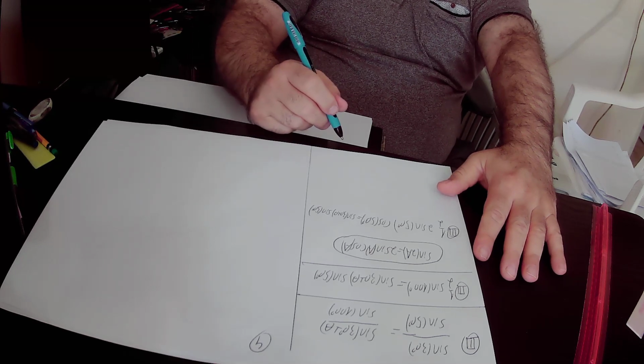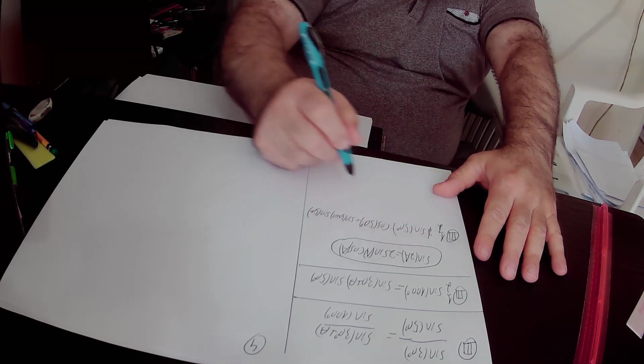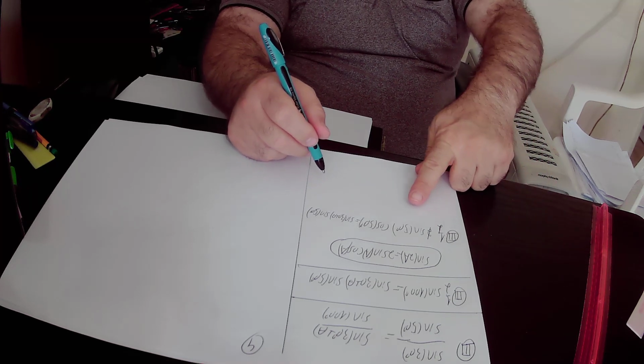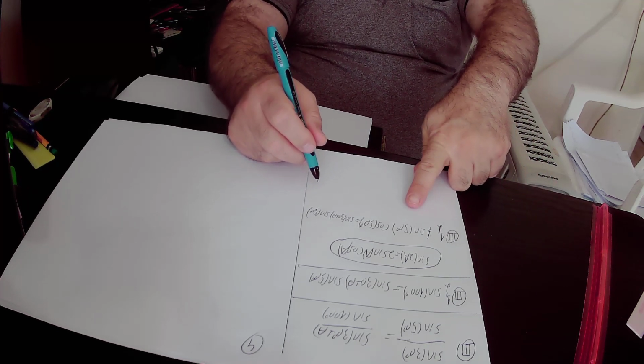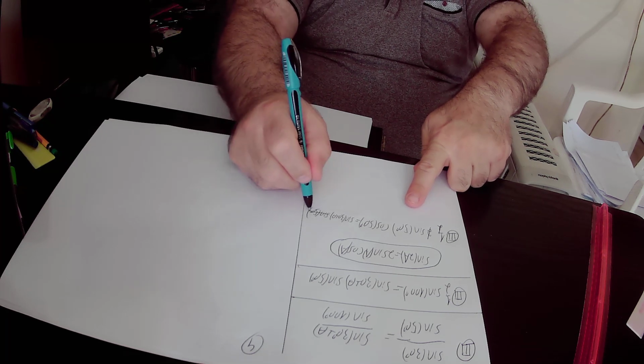So here 2 over 2 is 1, so 2 will get cancelled. We have sine 50 degrees on both sides of equation number 3, so sine 50 degrees will also get cancelled.